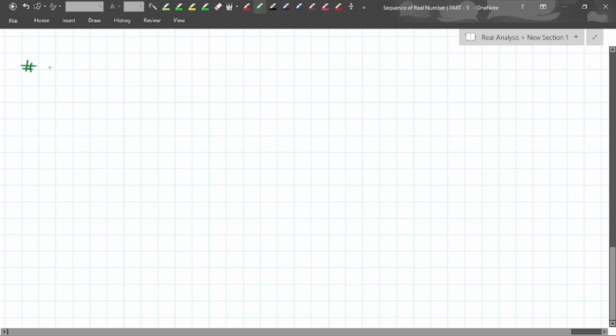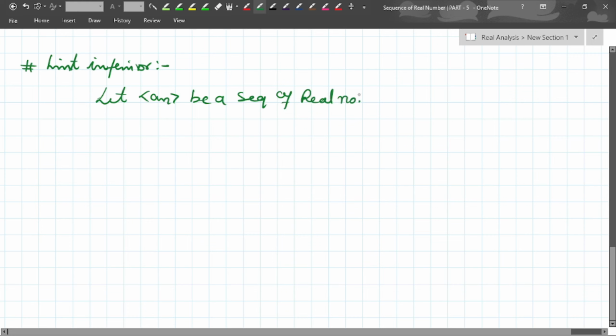Now we will discuss the limit inferior. Okay, now we'll take the infimum in that case. So similarly, let an be a sequence of real numbers.